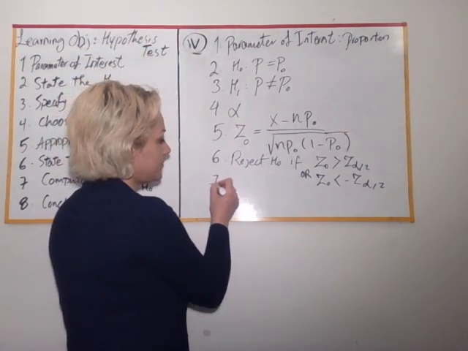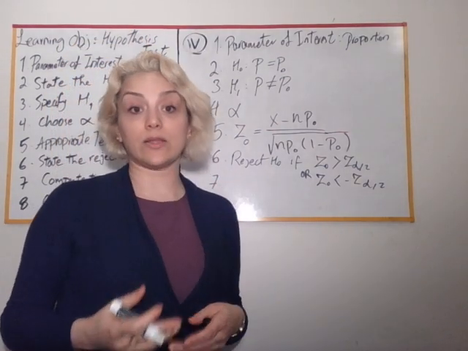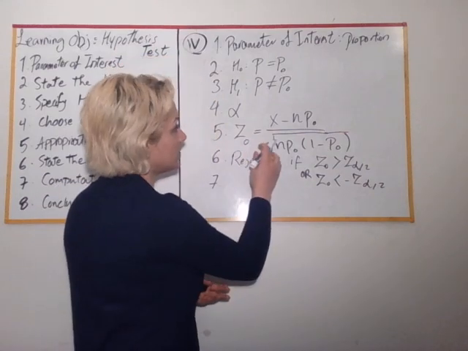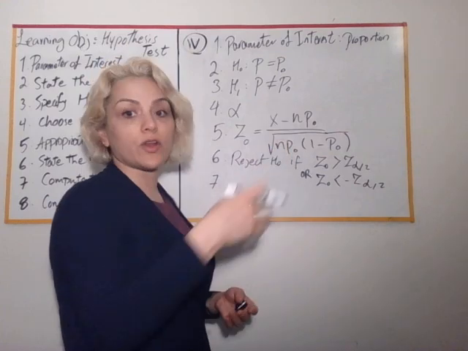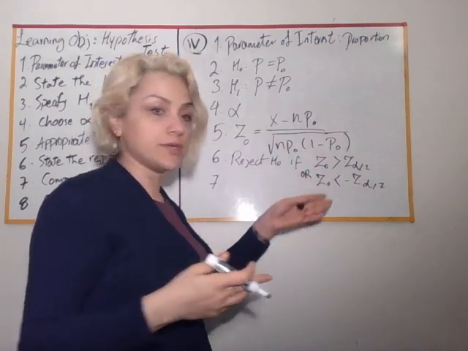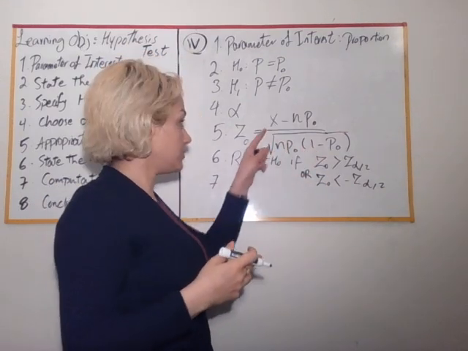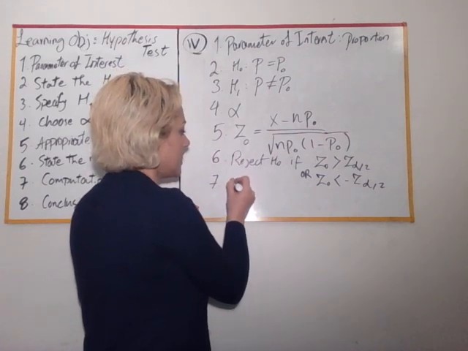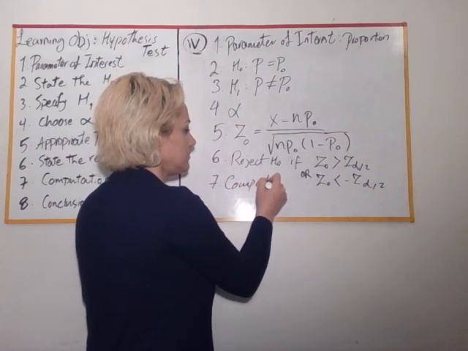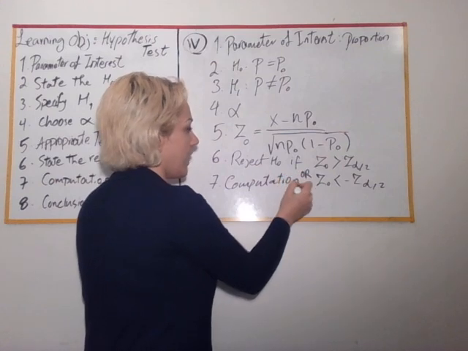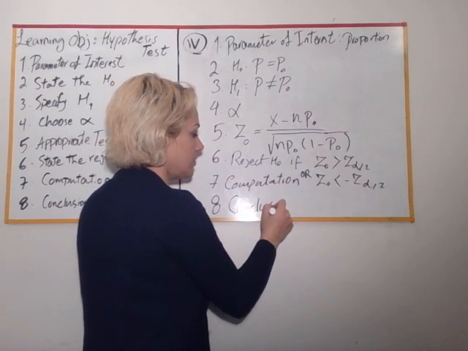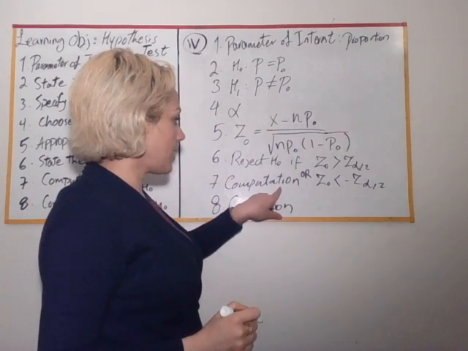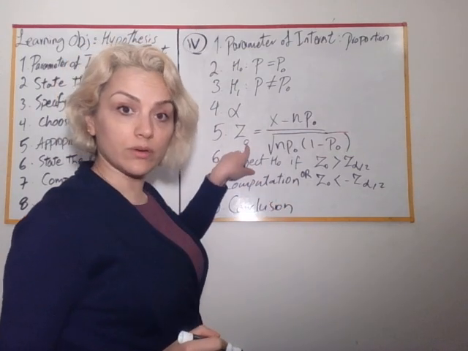The next step is the calculation or computation. We're going to find the amount of x and put all of the numbers from our sample into this test statistic. So it's the computation. And number 8 is the conclusion. In the computation step, we found that Z null, right?